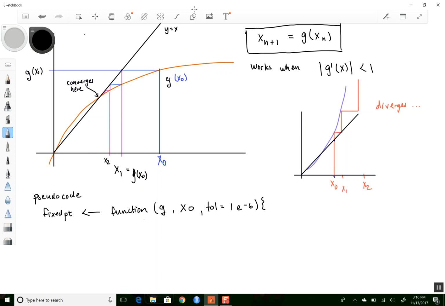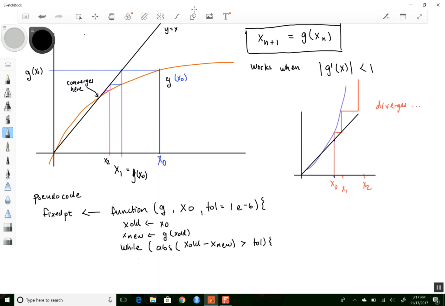All right, so inside the function, we would set, maybe we'll start off with x old equal to x0, and then we will set x new equal to g of x old. Then we will create a while loop, and this will be while the absolute value of x old minus x new is greater than our tolerance.